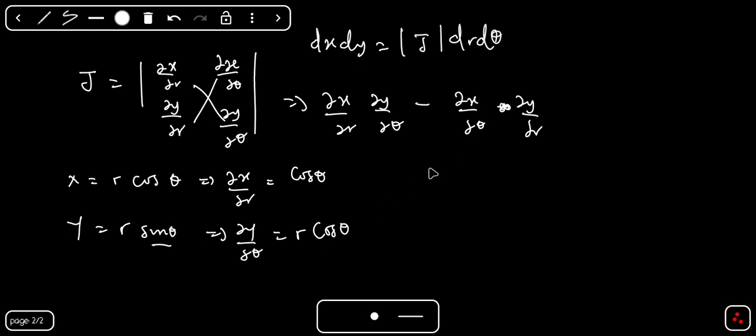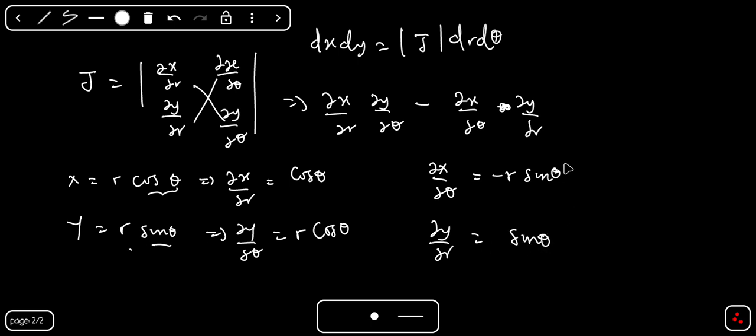Next, let's find dx/d theta. dx/d theta will be equal to negative r sine theta, because if we differentiate cos theta, we're going to have negative sine theta. And the last one here is dy/dr. If we differentiate this, we're going to have sine theta.